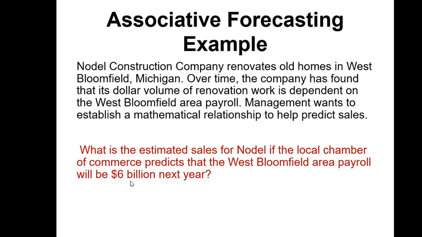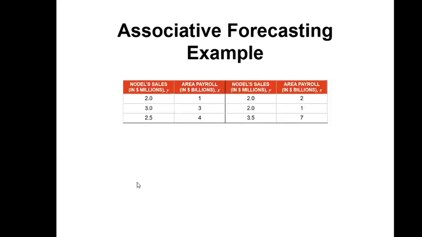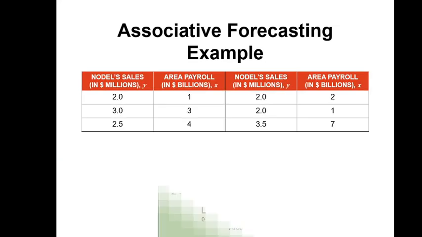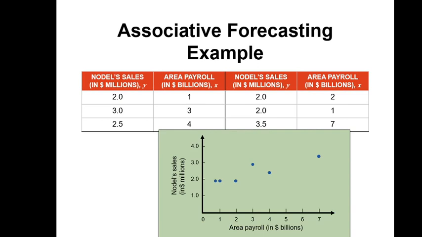So if X next year is 6 billion, what will be our sales? We already know the value of X, which is not time, it's payroll. So let's start solving the question using the same formulas.